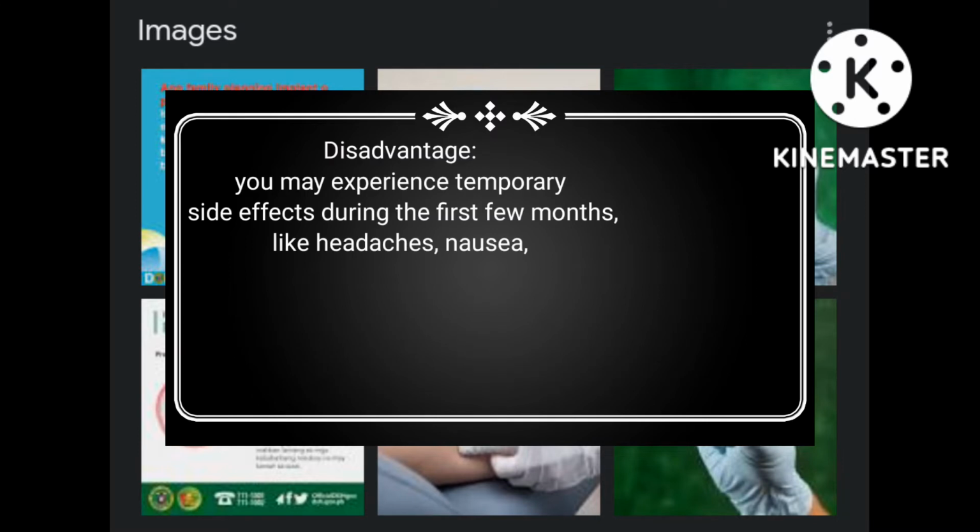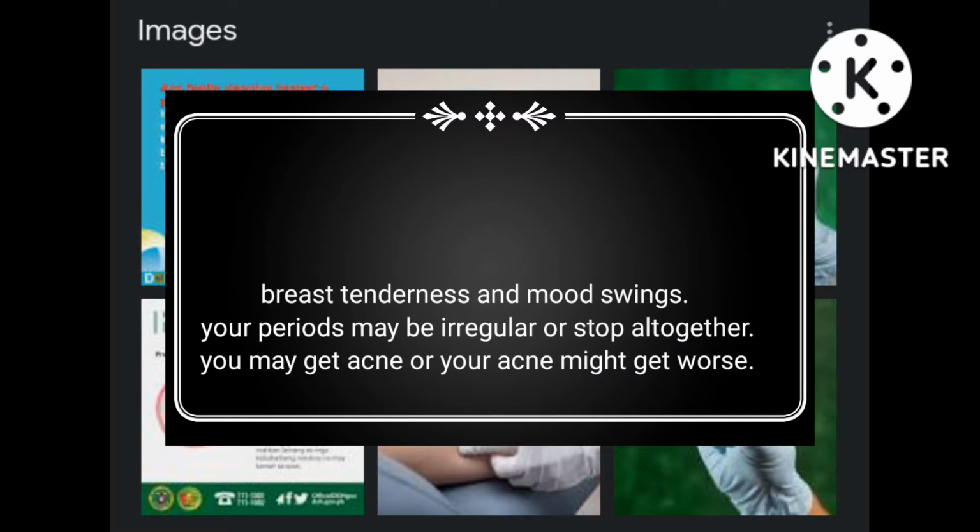So, disadvantages. You may experience temporary side effects during the first few months, like headaches, nausea, breast tenderness, and mood swings. Your periods may be irregular or stop altogether. You may get acne, or your acne might get worse.